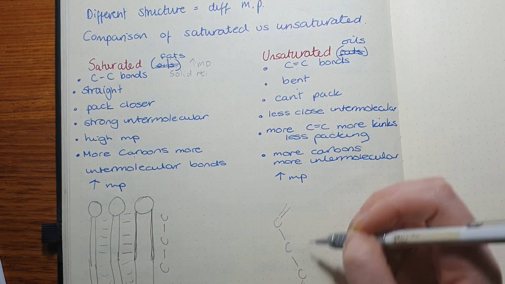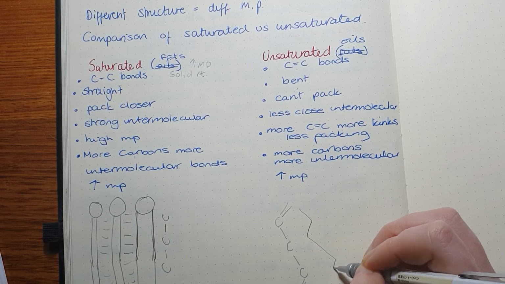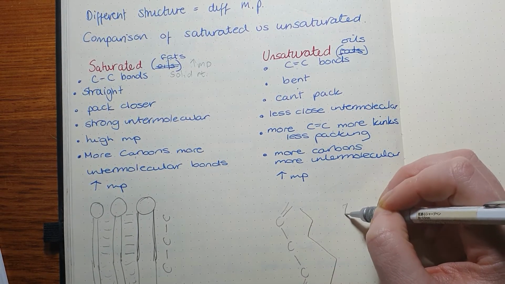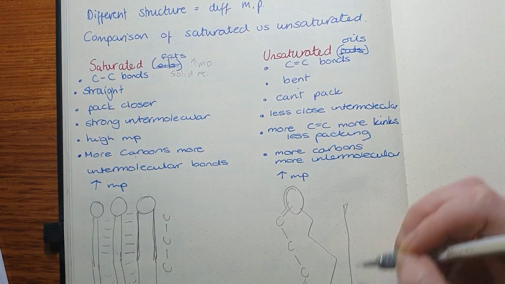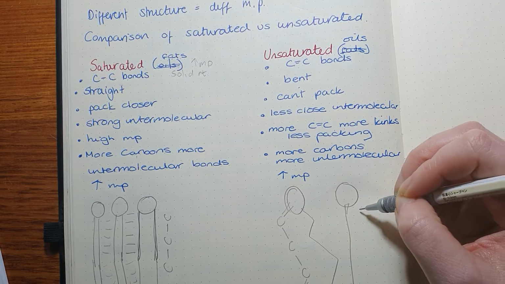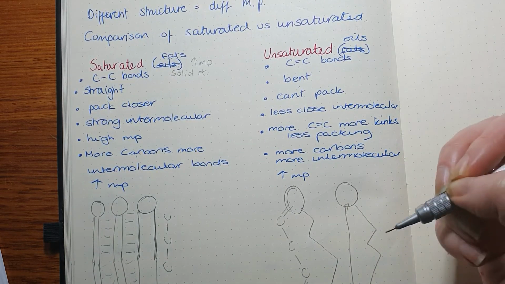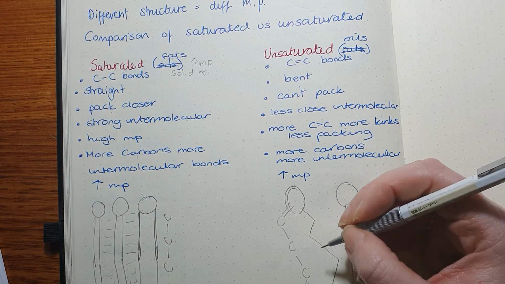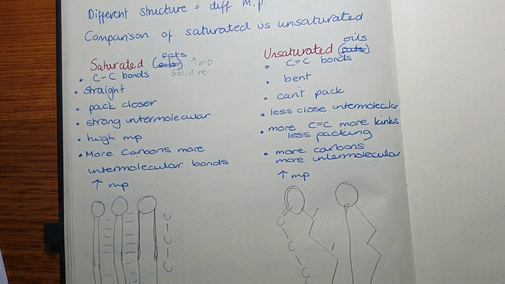So if we have this kinking here, and then we've got some more different kinking here, and then the one here is, we've got these double bonds at these different points here and here.